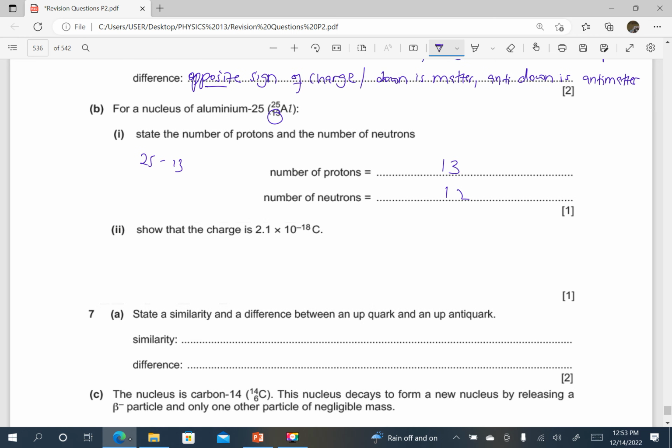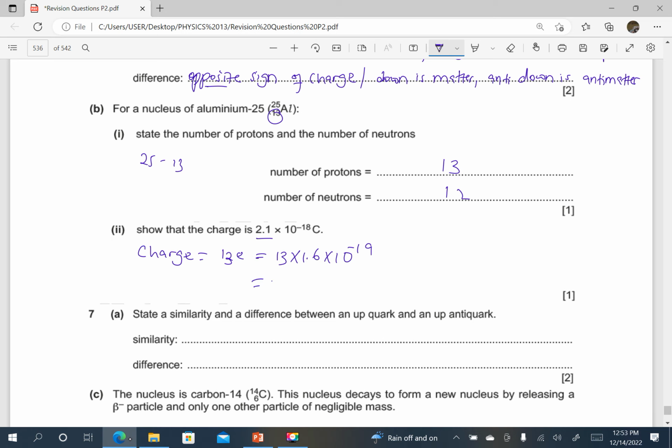Show that the charge is 2.1 times 10 power negative 18 coulombs. So let's find the charge. The charge is going to be proton number, which is 13, times e, which is going to be 13 times 1.6 times 10 power negative 19. Let me check on my calculator.